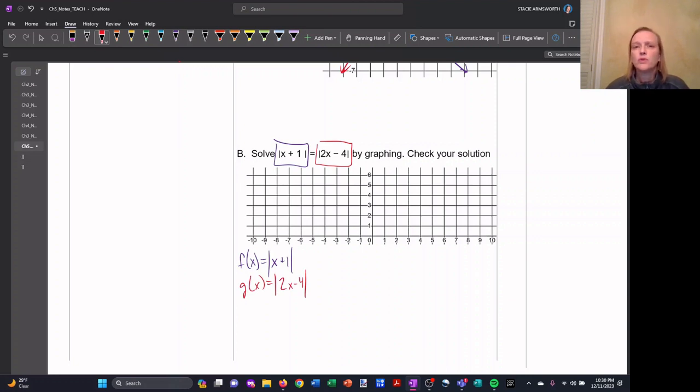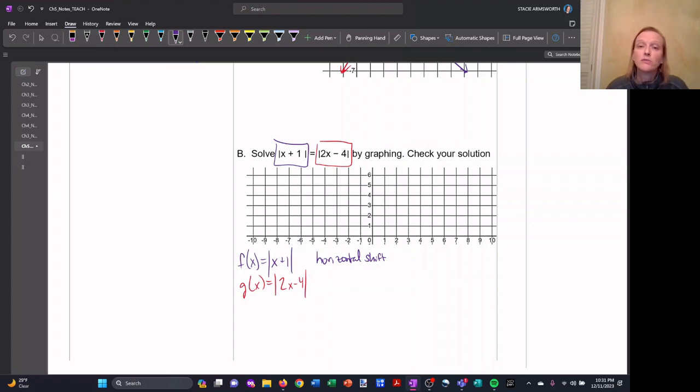And to go about graphing these, you may remember that when you have a plus 1 inside the absolute value, that indicates a horizontal shift. You're changing the input values. And because you're changing the input values, because it's inside the absolute value, the shift is the opposite of what you expect it to be.